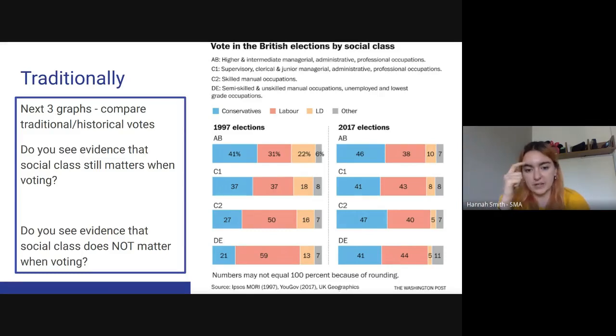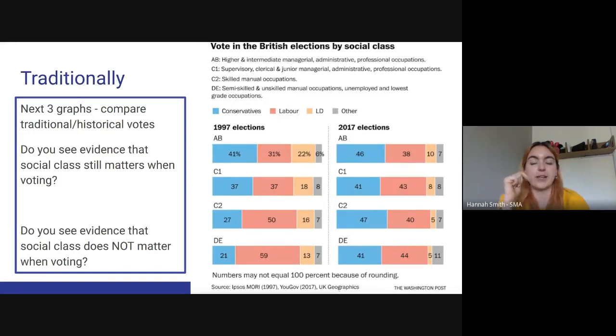However, if you take a look at DE at the bottom there, back in 1997, 59% of people in category DE, so if you had 100 people with a social class DE, 59 of those voted for the Labour Party. 20 years later, that is reduced to 44, and more in the bottom social classes are voting Conservative.